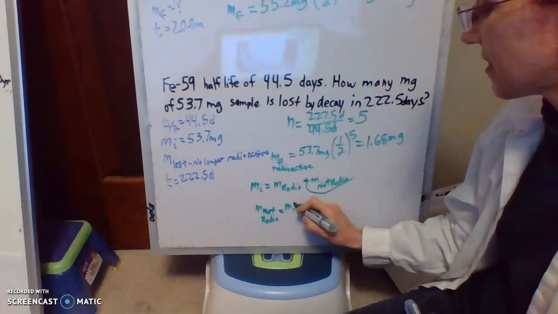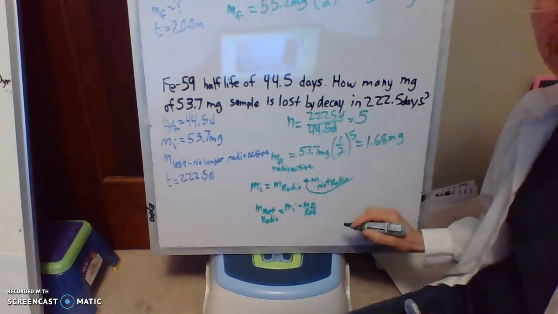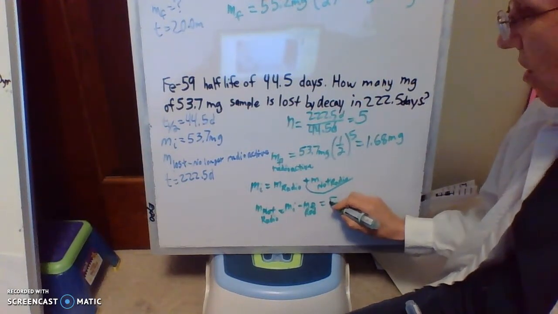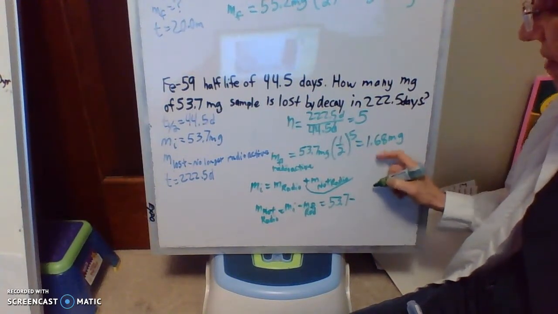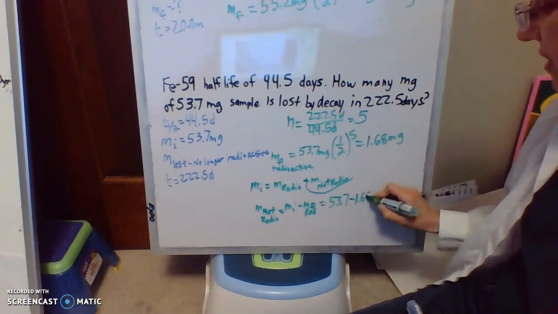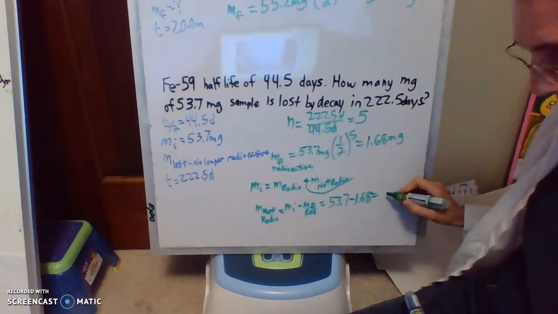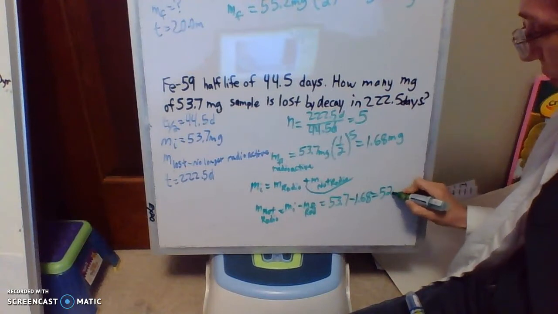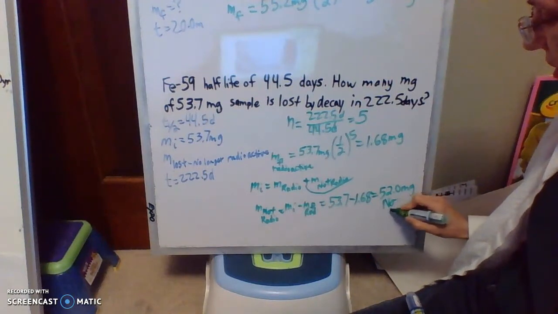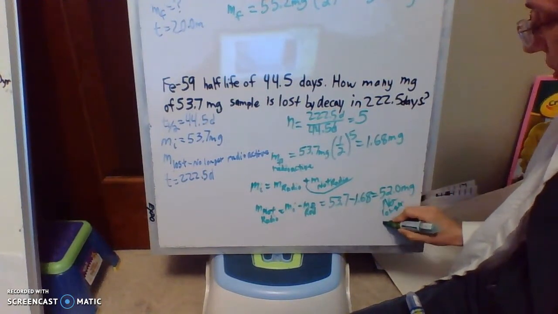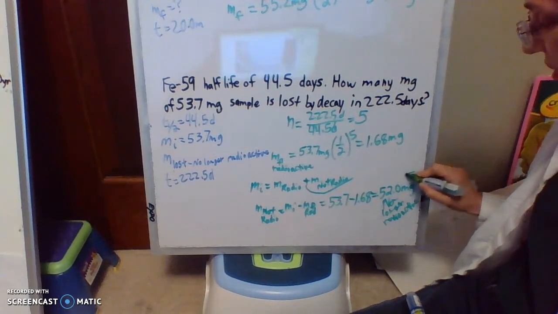It equals the mass initial minus our mass which is still radioactive, which we call mass final. So we started off with 53.7 milligrams, and the amount that remains after decay is 1.68. That's how much is still radioactive. So we subtract those two, and we should get 52.0 milligrams, which are no longer radioactive. This is how much is lost.